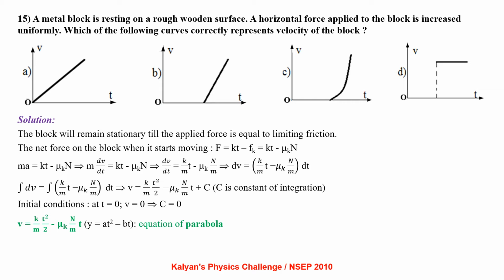Now putting the initial conditions, at t equal to 0, V is 0, we obtain the constant of integration to be 0. So finally we have V equal to k by m t square by 2 minus mu k times N by m into t. It is in the form of y equal to at square minus bt, which is the equation of a parabola. So the correct option is 3.